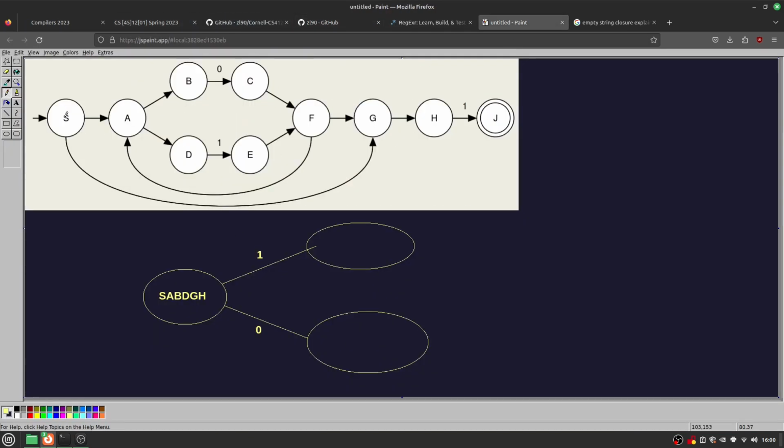If 1 is our input symbol, we can get all the way to E, F, G, H. We can also get to G, H, and J. So I'm just going to add A, D, E. Then from E we can get to F, and then we can also get to G, H, and J. That's just from S.